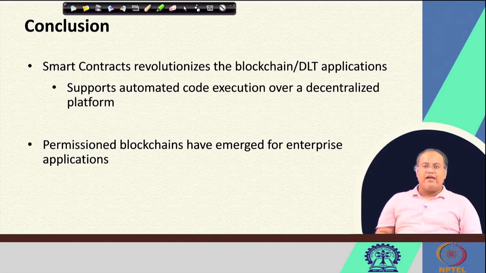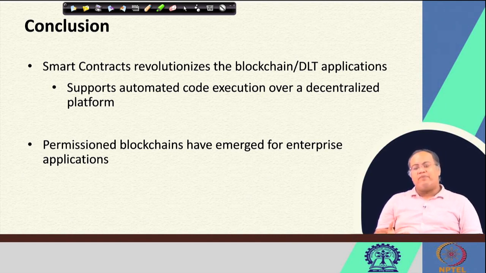What we see here is that the idea of smart contracts revolutionizes blockchain or DLT applications. You move far beyond financial applications. Blockchain is no longer limited to financial applications or cryptocurrencies.